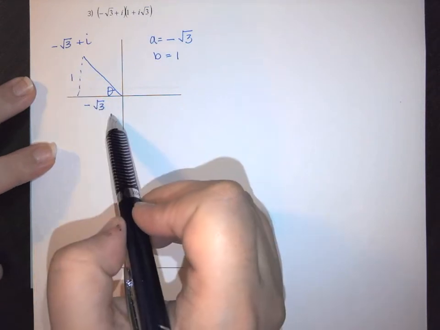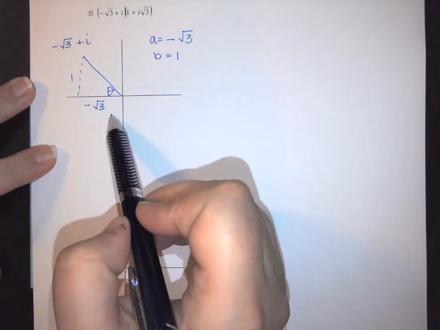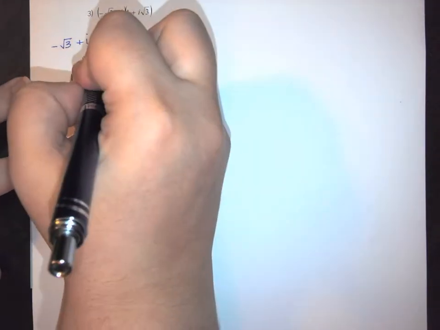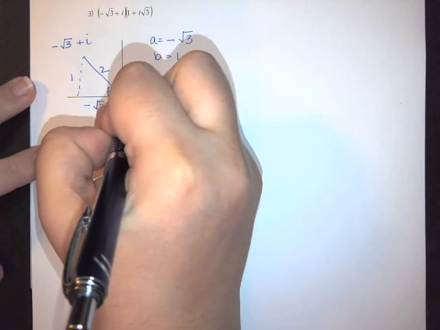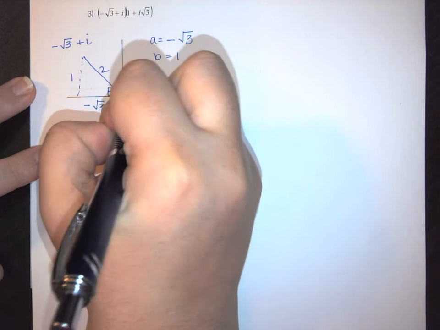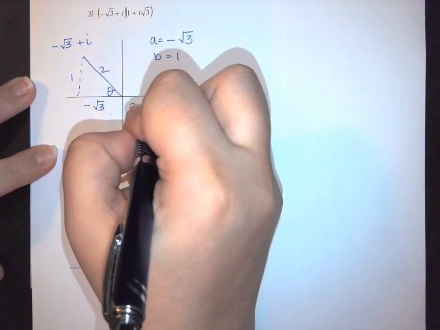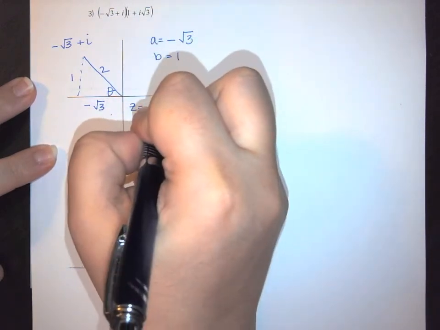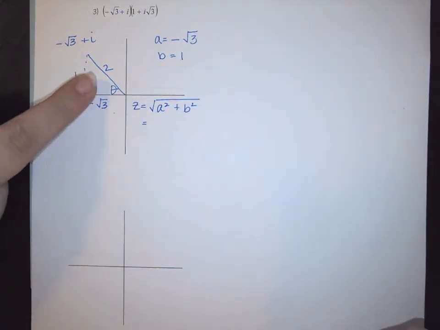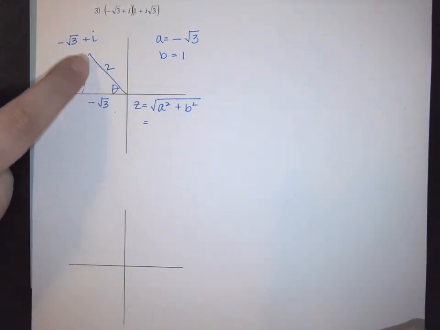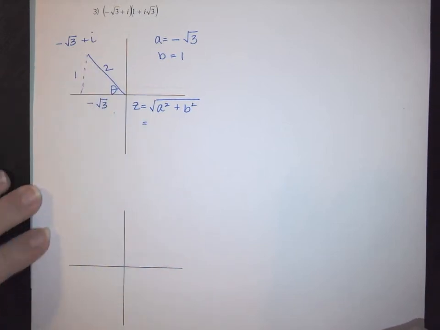And so if you look, I have 1 and square root of 3. This is considered to be a form of our special triangle. It's going to make this 2. However, do make sure, and you always check your work, by remembering that z is equal to the square root of a squared plus b squared. So let's double check that my radius for this z line is going to be 2.